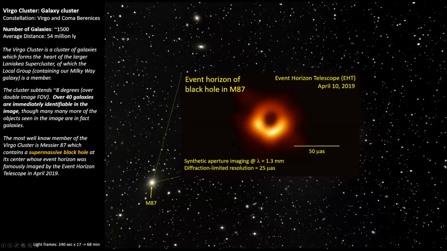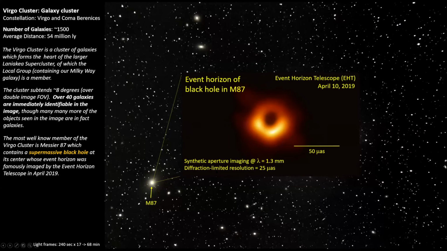Just to give you an idea of the resolution of this image, it was taken with synthetic aperture imaging, millimeter wave at 1.3 millimeters. So what you're looking at here is in false color. It's really a millimeter wave image that's rendered in an optical wavelength so that you can see it.